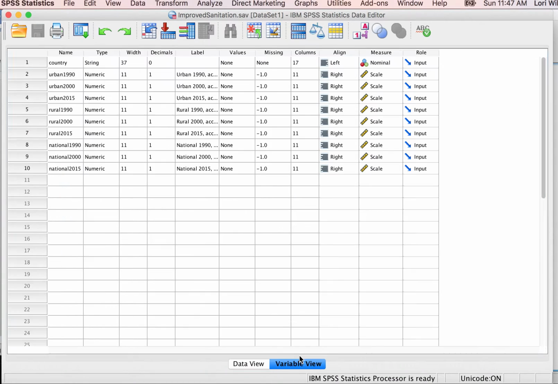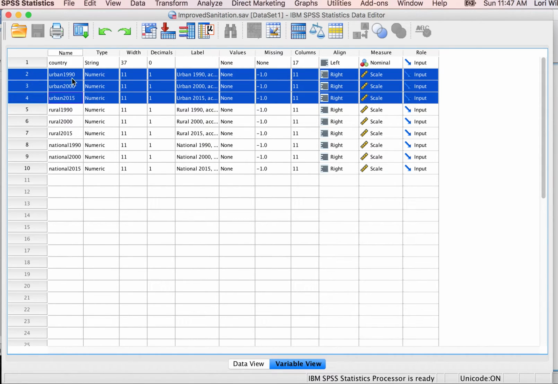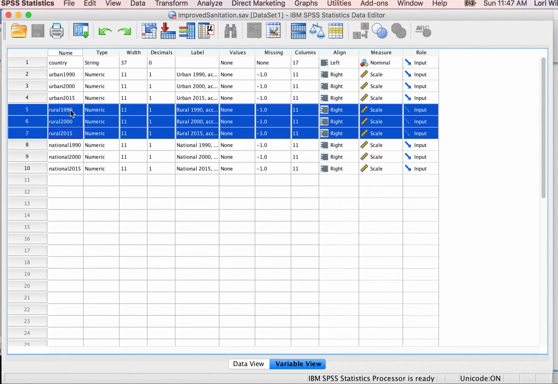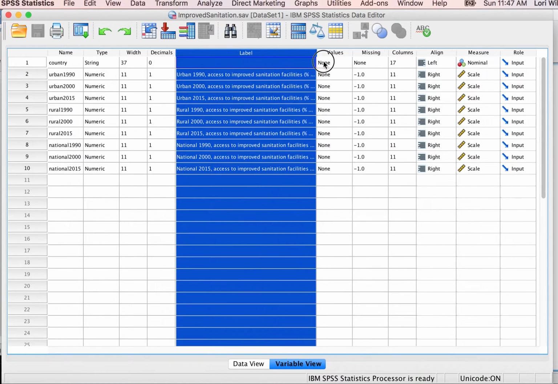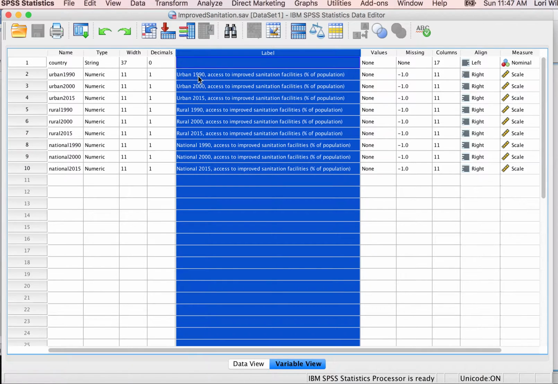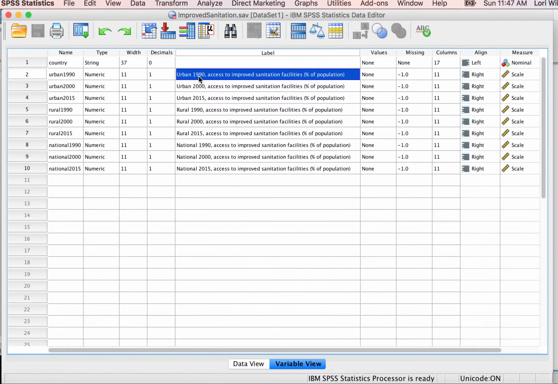So under variable view, let's look at that really quickly, and you'll see the same exact thing. Rows 2, 3, and 4 have to do with urban for the 3 years. Rows 5, 6, and 7 have to do with rural for those 3 years. And then rows 8, 9, and 10 are the combination, both urban plus rural. If we look at the label here, these spell out a little bit more.